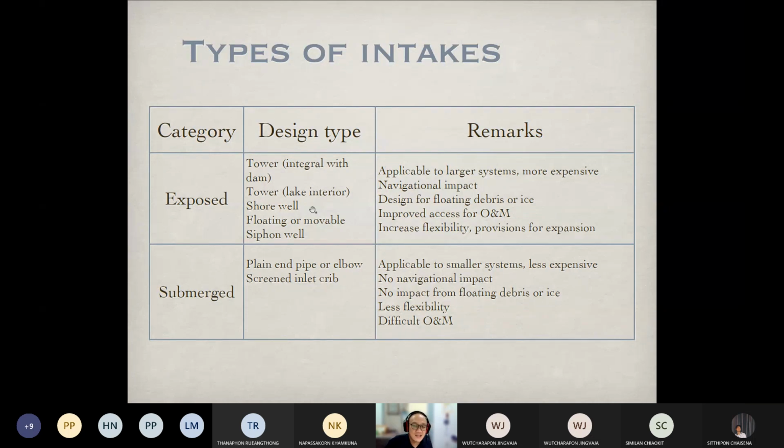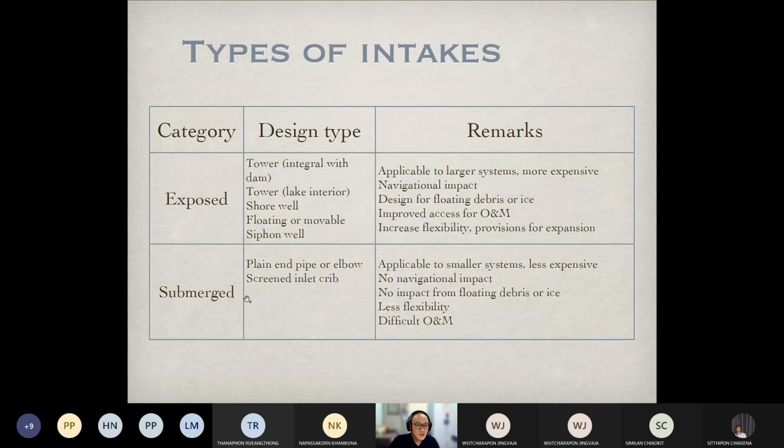For example, tower intakes, which are located adjacent to dams or beside the shore well, or sometimes, with problems with the geographical conditions, we may have to use a floating intake, a moving intake, or a siphon well. So these are the exposed types of intakes.